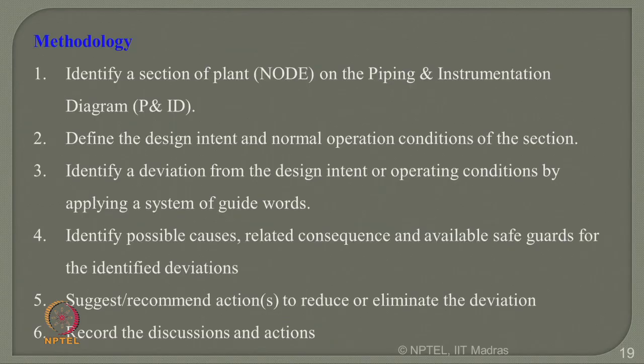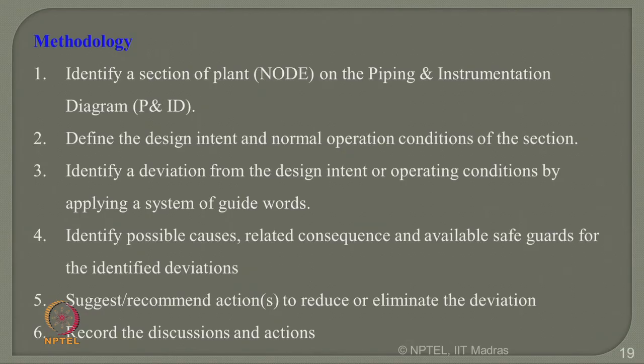Once you do this, identify subsequently the deviation from the design intent or operating conditions, by applying a system of guide words. We already know there are primary keywords, secondary keywords, and pseudo keywords available in the literature. We must list them before we start writing a HAZOP report. So, let us identify the deviation using secondary keywords, identify the design intent using the primary keywords, and combine them in a proper format so that we can start writing the HAZOP report.